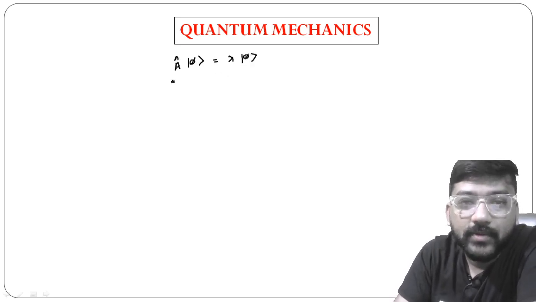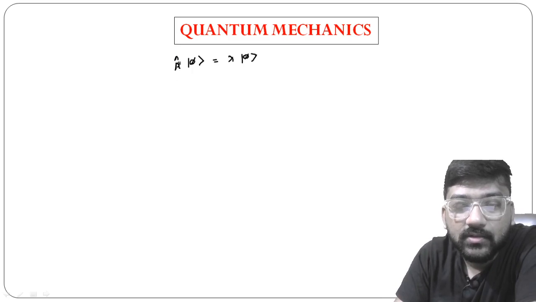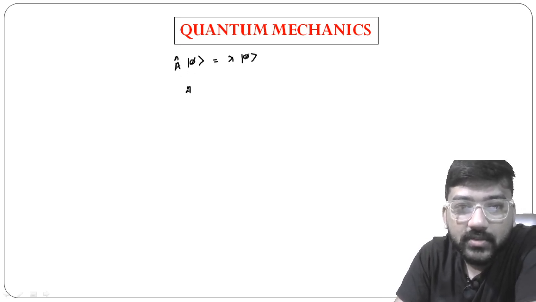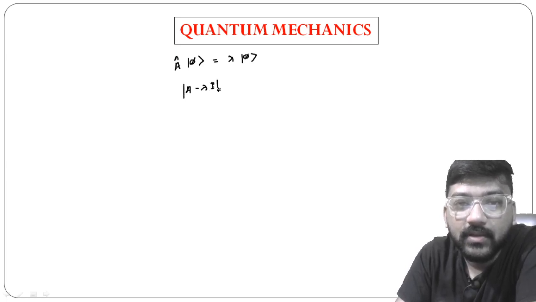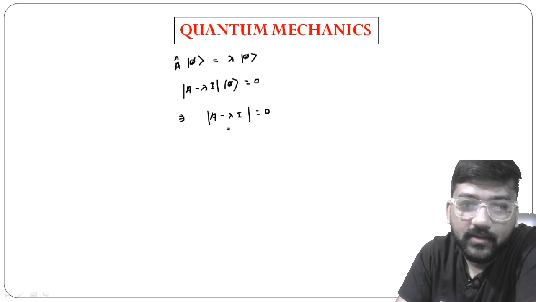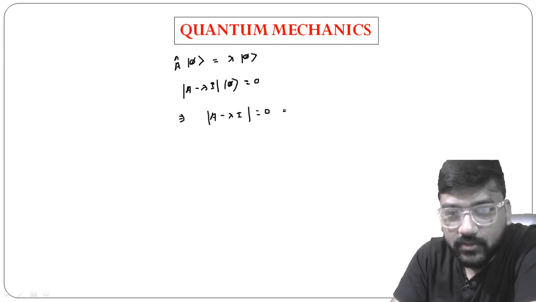Now if you modify this equation, and instead of A cap, let me write simply A, okay, so it will be just (A minus lambda I) phi equal to 0. That means the determinant of A minus lambda I equal to 0. So this determinant gives you the eigenvalues, and this is known as the secular equation.